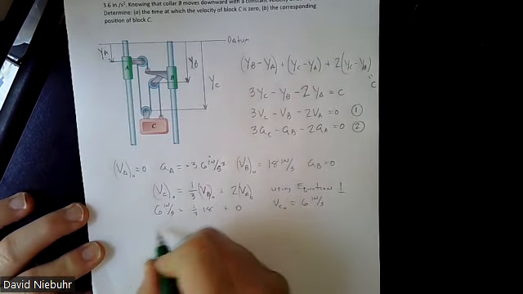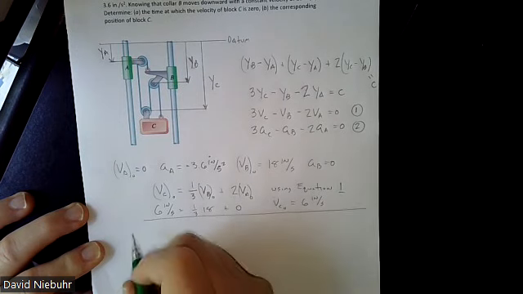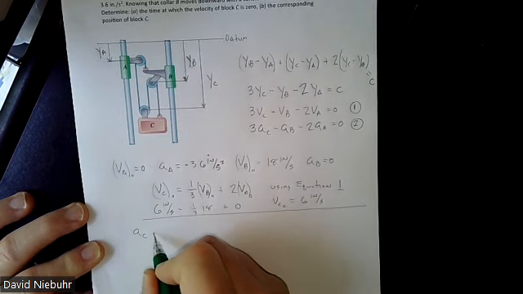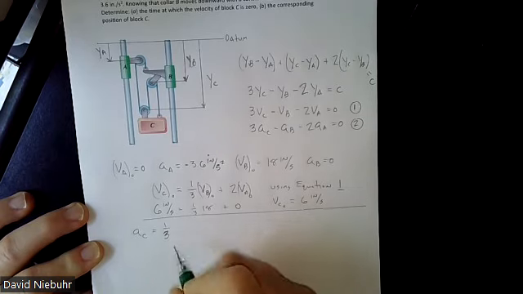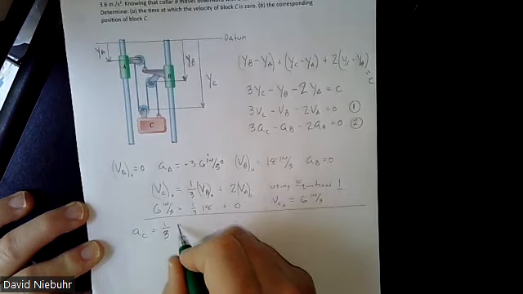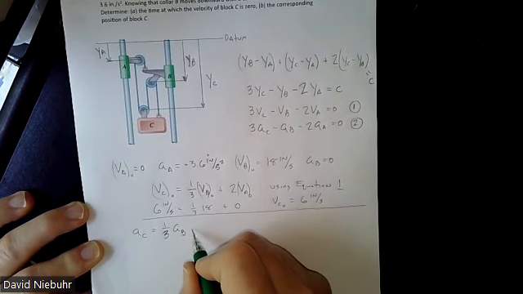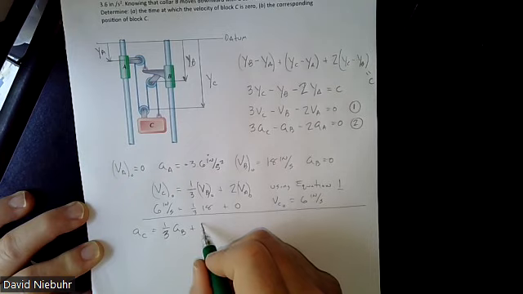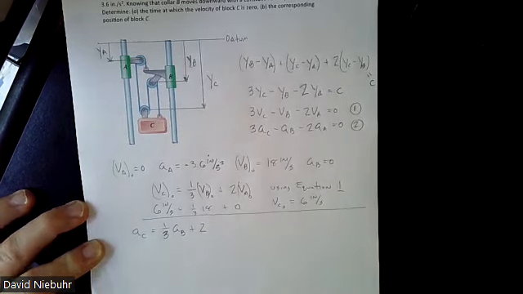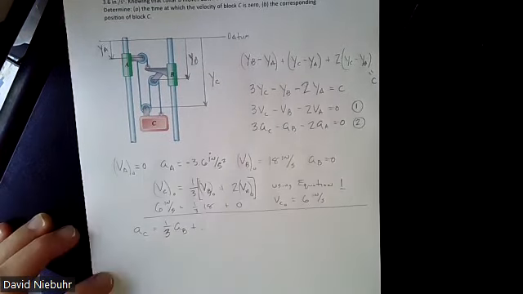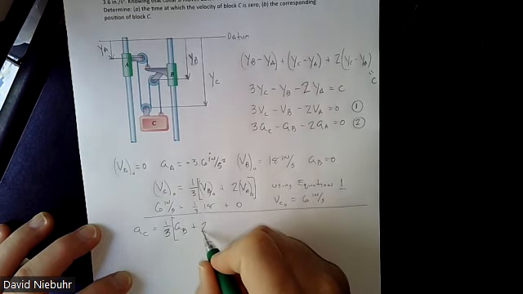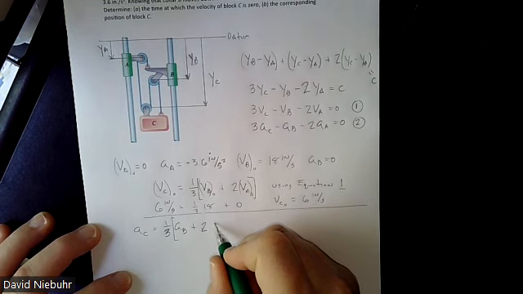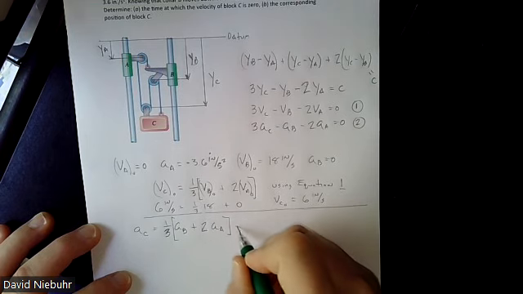Now, let's say we have AC equals the same thing, 1/3 of (AB plus 2 times the acceleration of A), all equals 0.